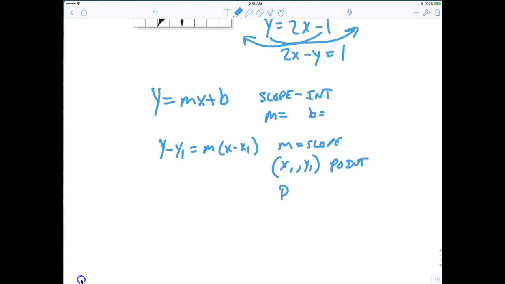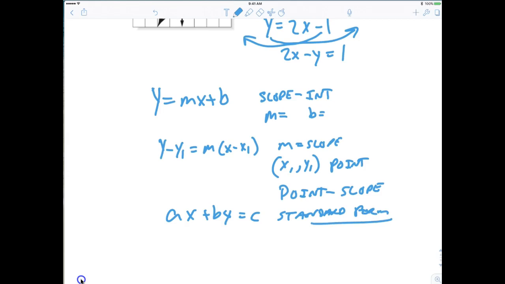That's why they call this the point-slope form. And then ax plus by equals c is your standard form. You with me? Those are the forms you're responsible for.